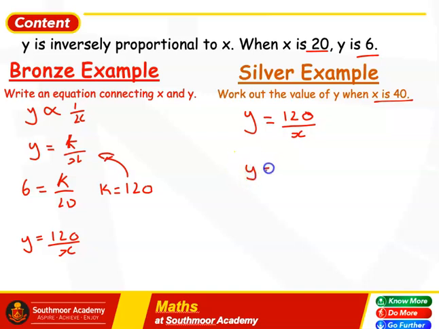So y is equal to 120 divided by 40. And now we can just cancel this down. So you've got 12 divided by 4, which is 3. So when x is 40, y is equal to 3. And that's what you're going to have a go at doing now.